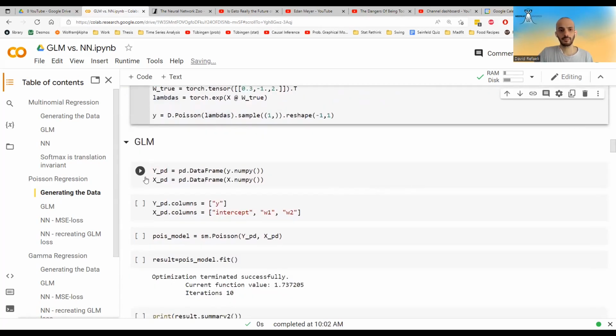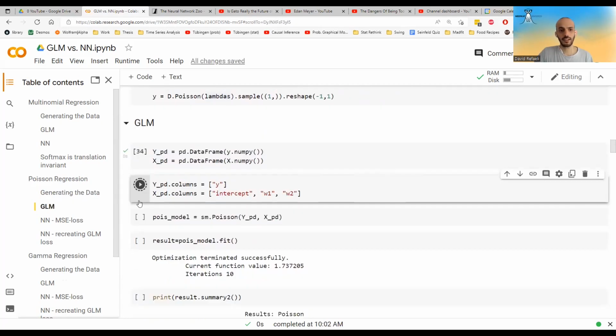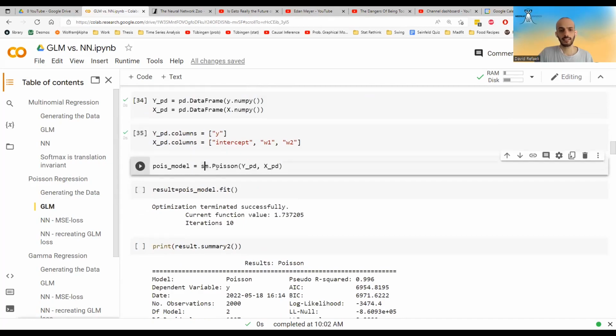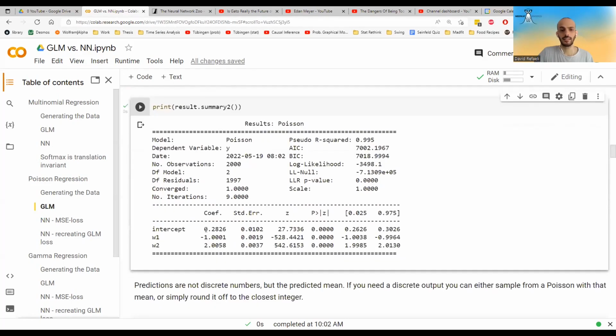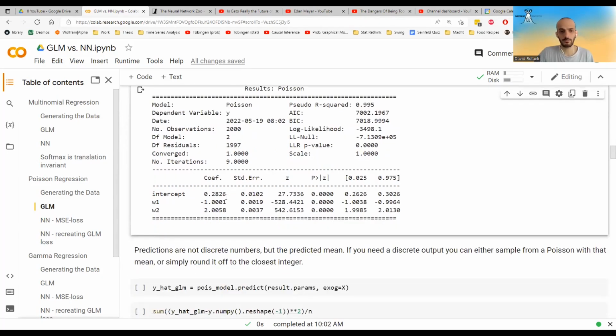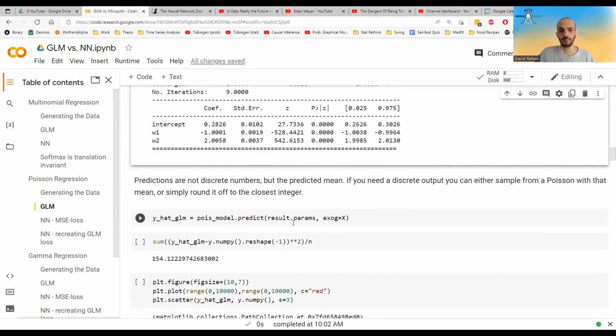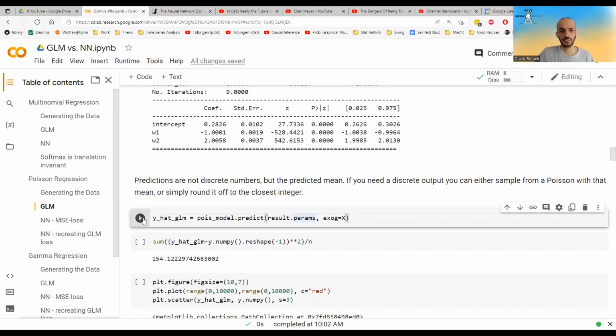To do the GLM, I'm converting this to a pandas data frame, and I call statsmodels Poisson. I fit it, and let's print the results. We see again very close to 0.3, very close to -1, very close to 2, and it took 9 iterations, was pretty quick. We can predict using this model.